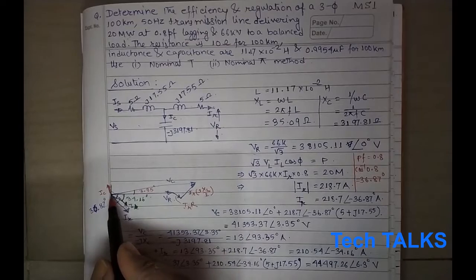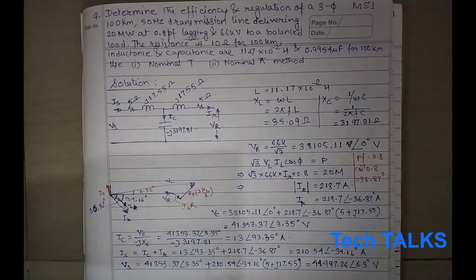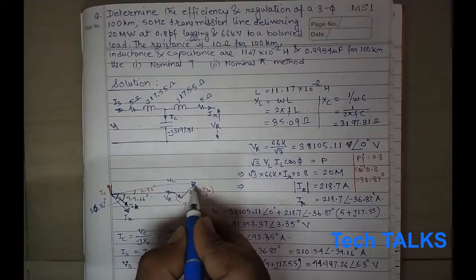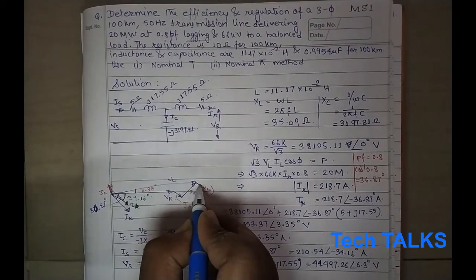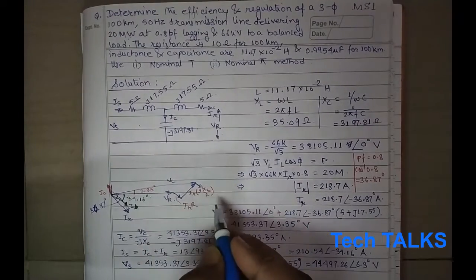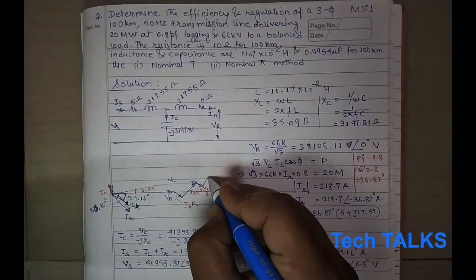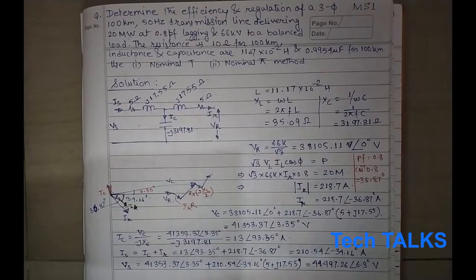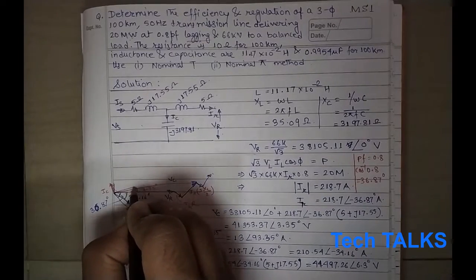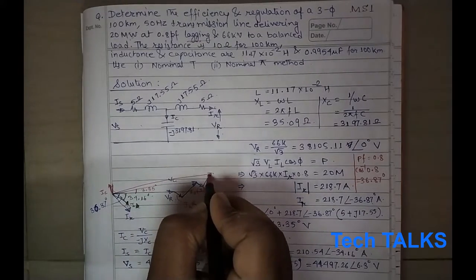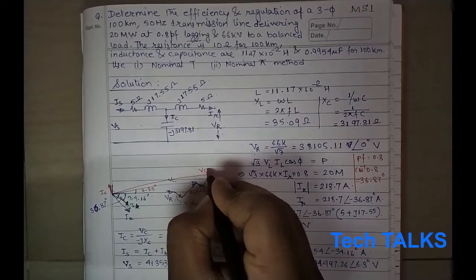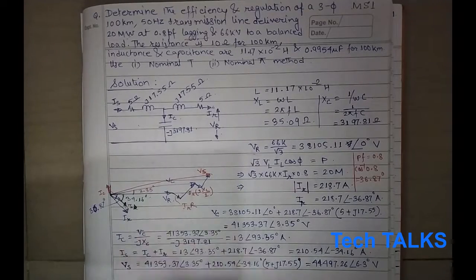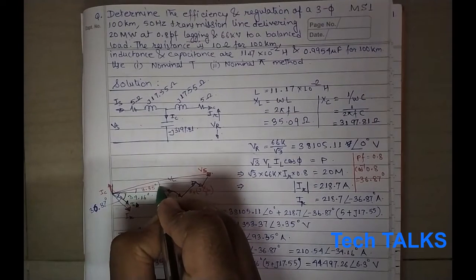Since IS is here, IS into this resistance will be parallel over here, so this will be 90 degree to it. And this total will contribute as VS. Now the angle between VS and VR, that means this angle.